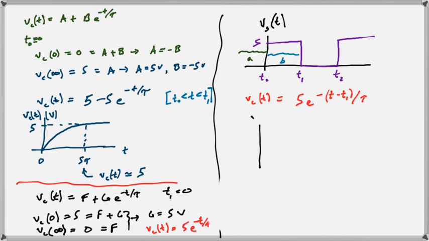Let's make a plot of VC of t. And we get something that starts at 0, rises exponentially. There's our t0. And then at time t1, it falls exponentially.